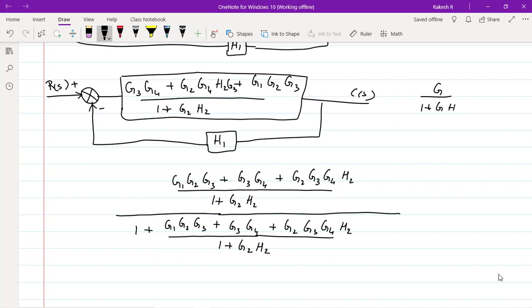This is the complete G into H, and H is nothing but H1 here. Right.